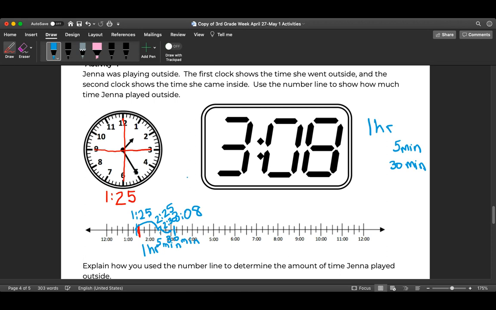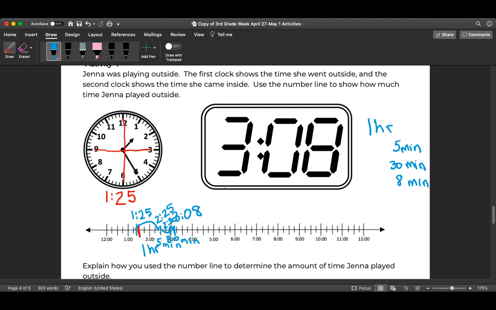And in my 30-minute jump, I landed at 3 o'clock. So right here is 3 o'clock. And then if I jump from 3 o'clock to 3:08, that's 8 more minutes.